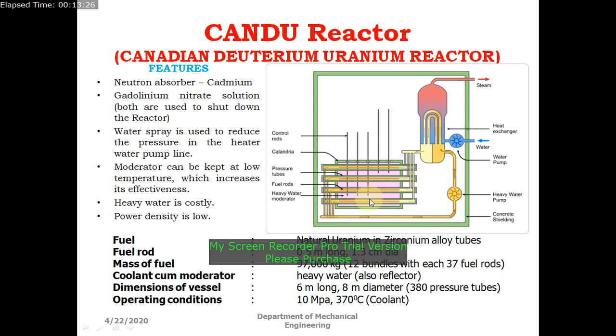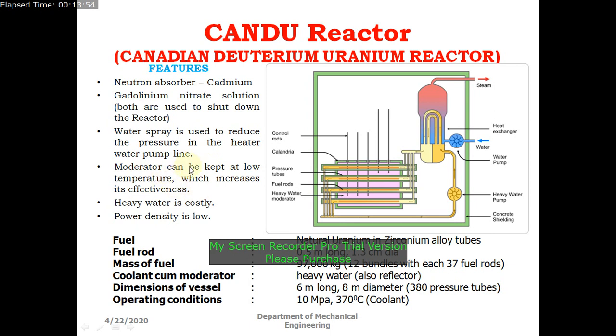In the other cases, the coolant is also acting as a moderator and a single fluid is circulated in the same location. Because of that, the moderator temperature also increases. If the moderator temperature increases, it cannot absorb or reduce the velocity of neutrons. So we have to keep it in mind: if the temperature of the moderator is low, effectiveness is more. If the moderator temperature is high, effectiveness will be low.